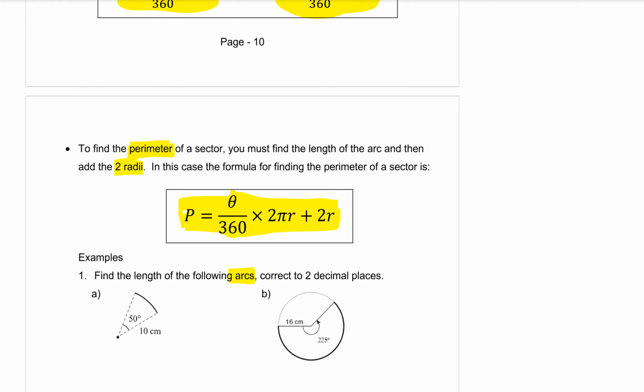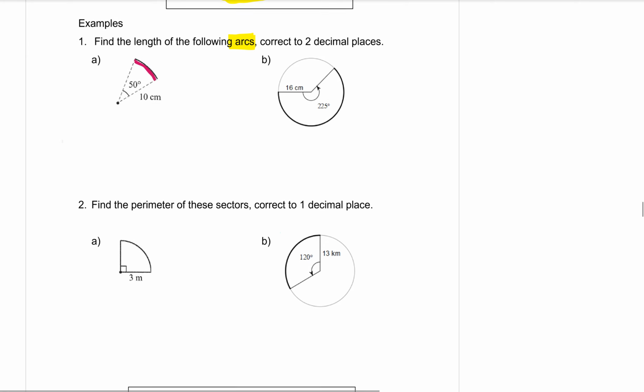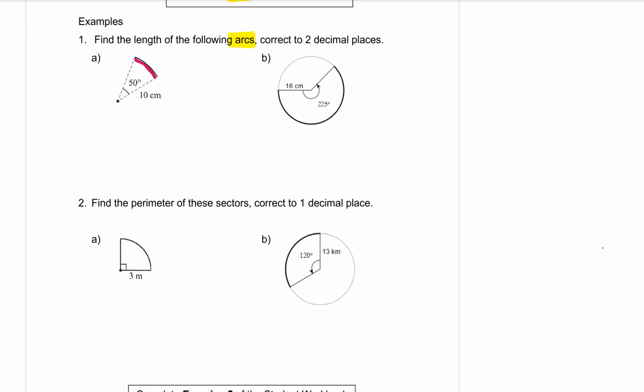So question number 1, find the length of the following arcs, correct to 2 decimal places. So in question 1a, I'm trying to find the length of this little curve here. So using my formula, well, there's actually 2 of them, I need to work out, is this 10 centimeters that I've been given, is that a radius or is that a diameter?